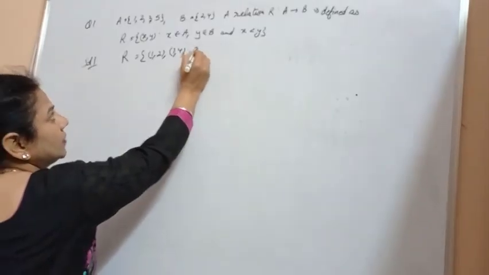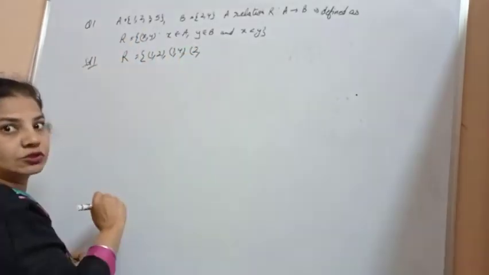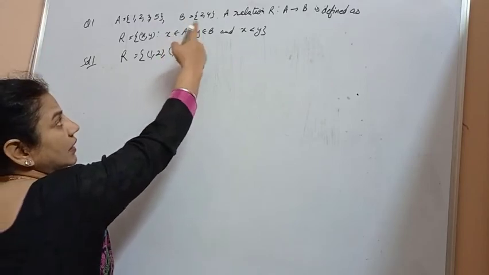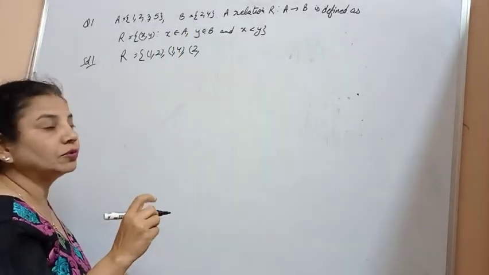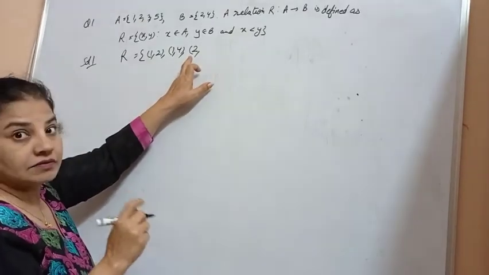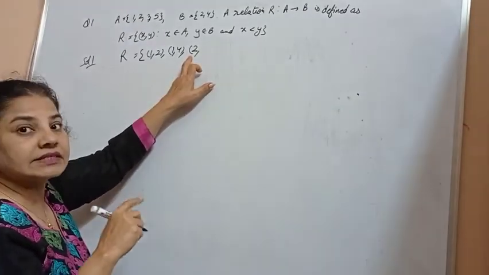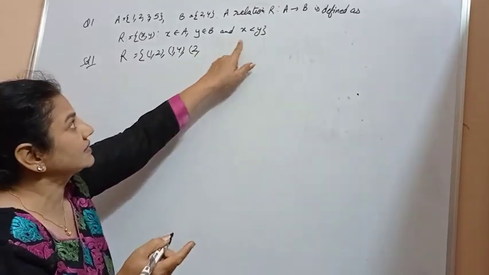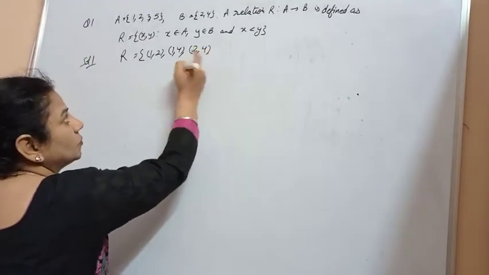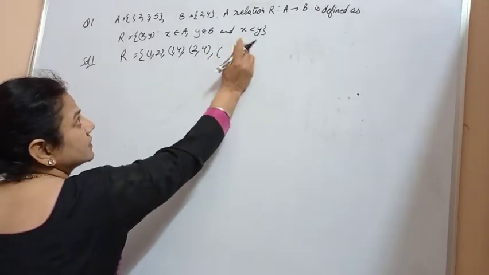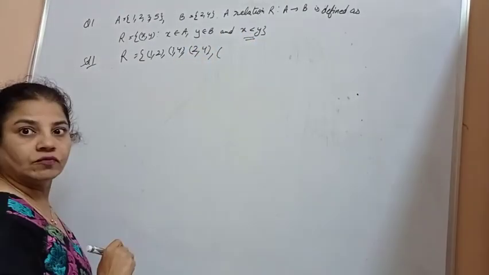If I take the element of A as 2, then from B I cannot take 2 because it becomes equal. The element x has to be less than the element y, that means (2, 4). This is the relation and we have to follow it.